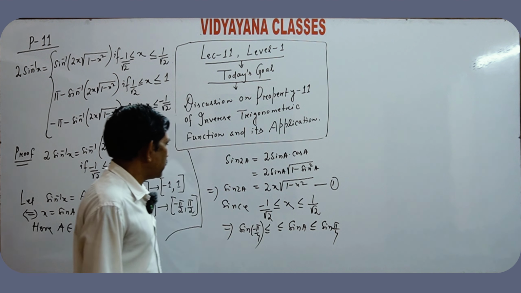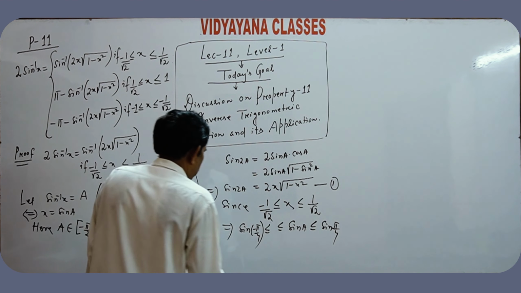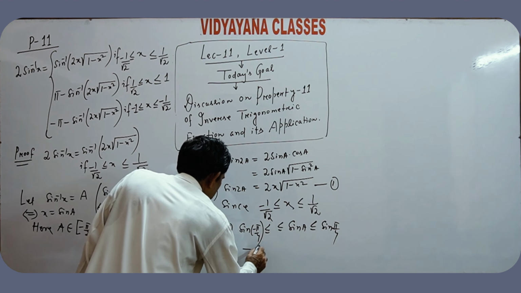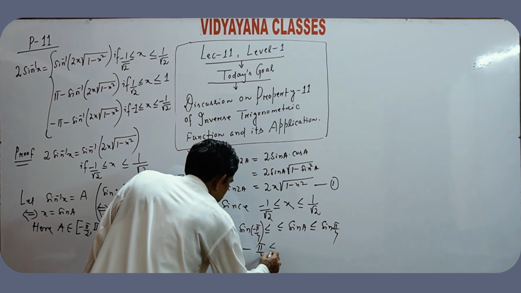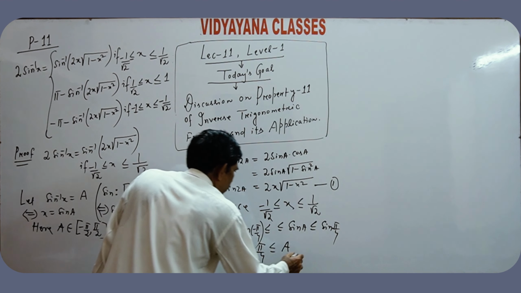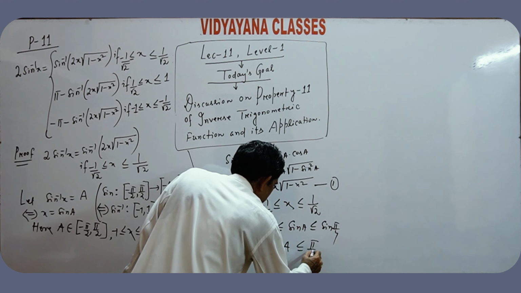Sin a is equal to this, which implies minus pi by 4 is less than or equal to a, less than or equal to pi by 4.